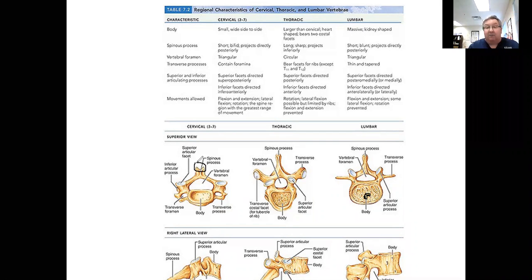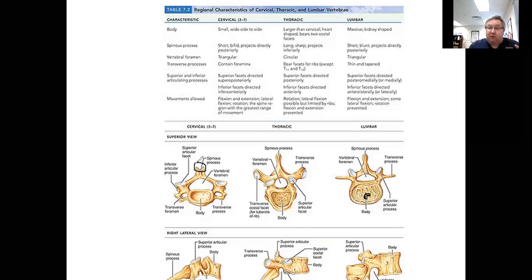The cervical and lumbar vertebra are not. The lumbar vertebra is thick but short, whereas the cervical and the thoracic are definitely longer, and the cervical has those two bifid sections.